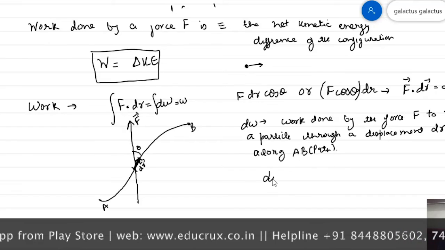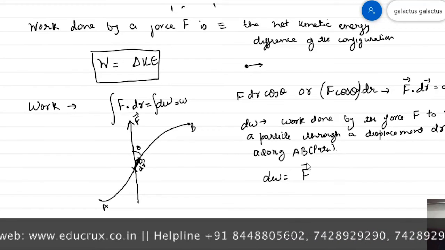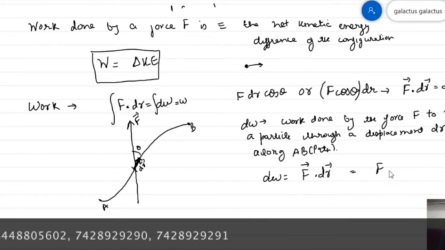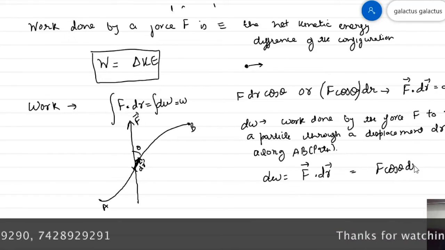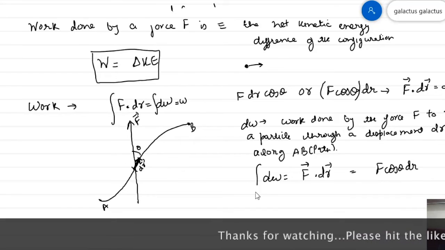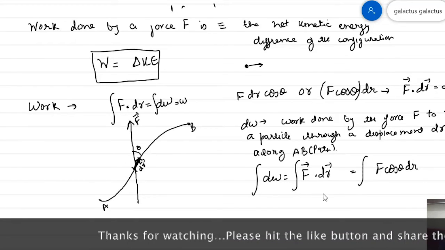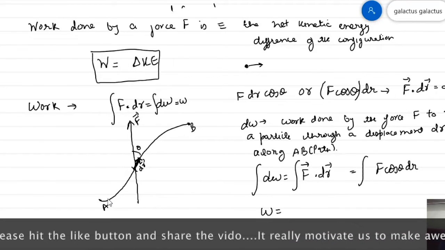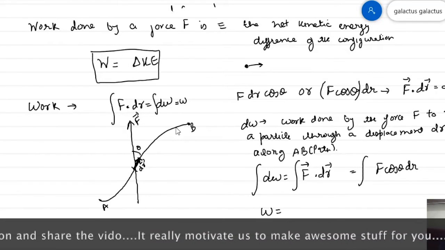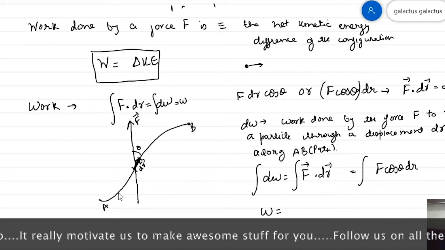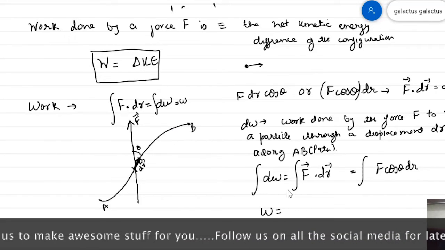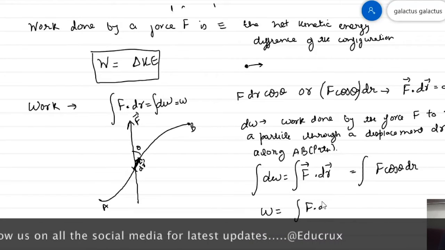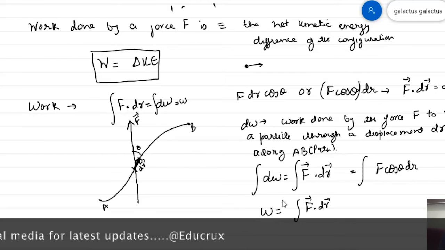So dW is equal to F vector dot dr vector, which is equal to F cos theta dr, and if I integrate on both sides, the net work done by the force F on the particle to move it from A to B is given by the integration of F dot dr vector.